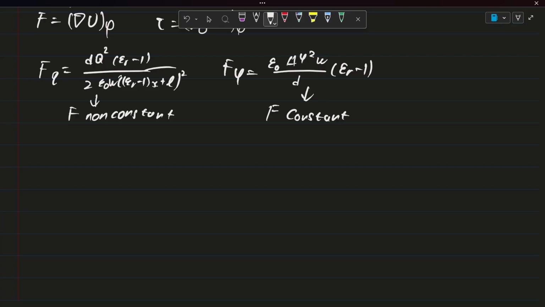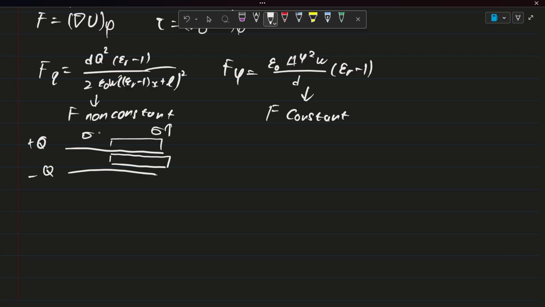So let's instead try to think about what is happening when we have a parallel plate. If you have a parallel plate, and let's say the top side is positive and the bottom side is negative, and let's say you apply a dielectric in between here. Regardless if it is constant potential or constant charge, what you would notice is that in this side, sigma has to be greater compared to the sigma here.